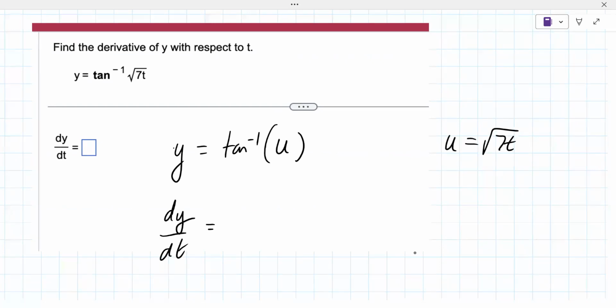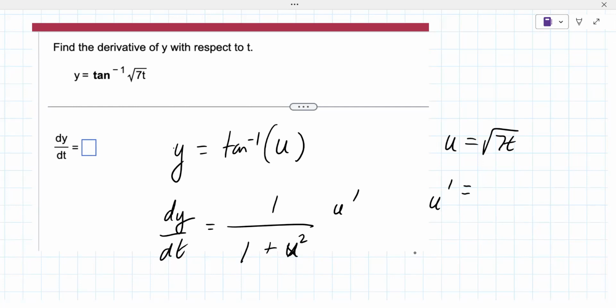So dy dt is the derivative of arctangent, which is 1 over 1 plus u squared, times u prime. And then could you try to determine u prime for us, please?